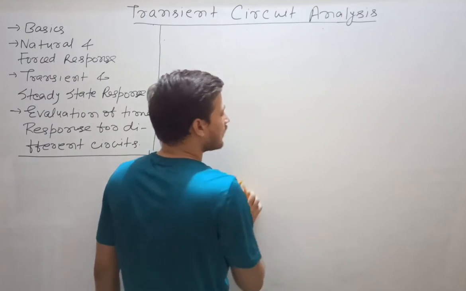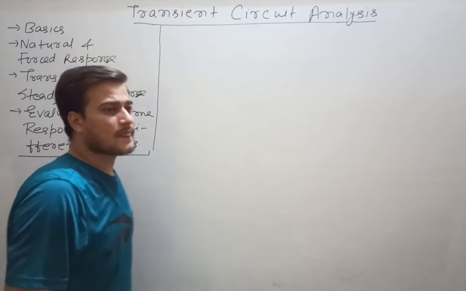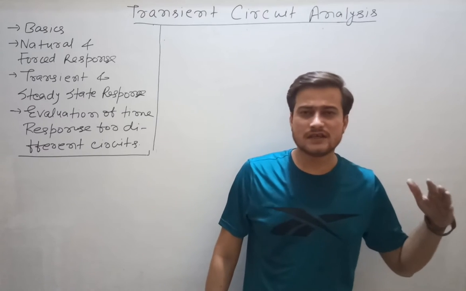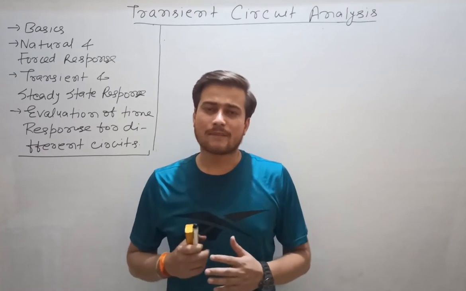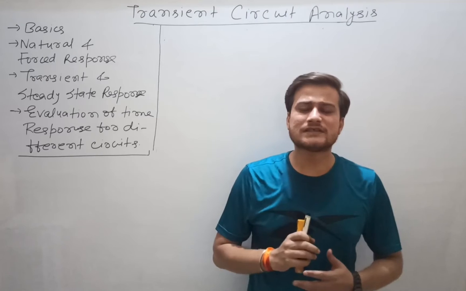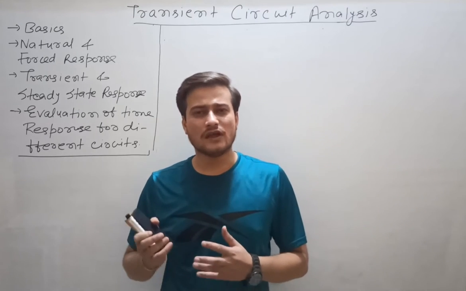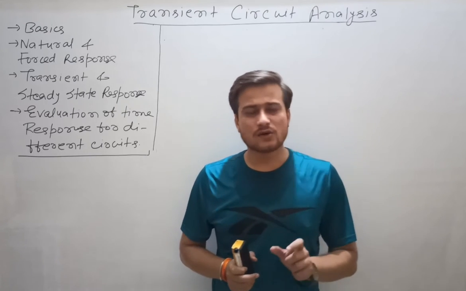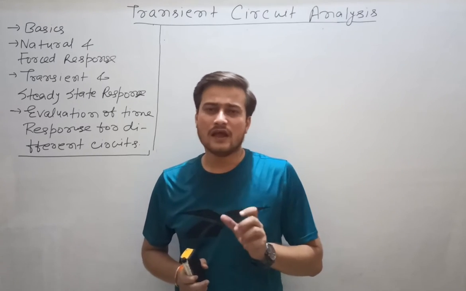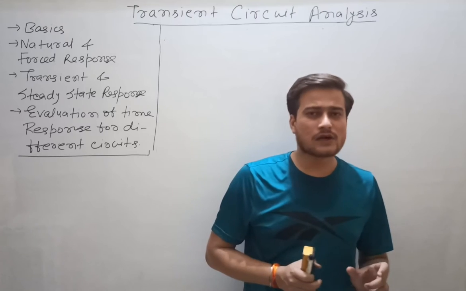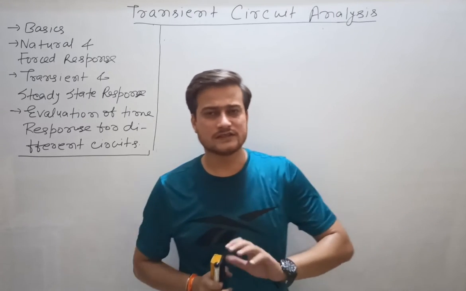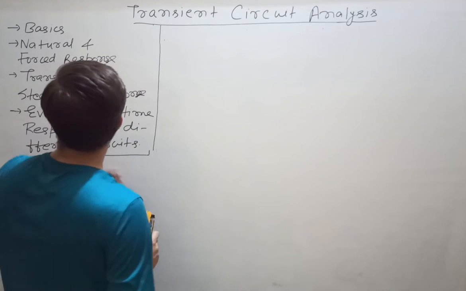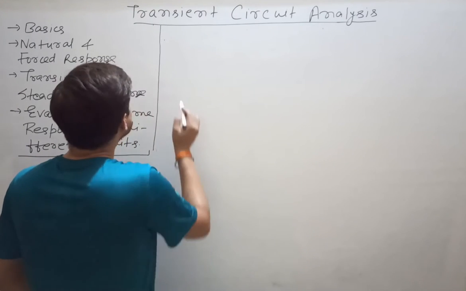Similarly, write for capacitor: capacitor acts as short circuit when time t is equal to 0, and capacitor acts as open circuit when time t tends to infinity. Write one more statement that inductor does not allow sudden change in current and capacitor does not allow sudden change in voltage. Clear? Next, come to the second part, that is natural response and forced response.